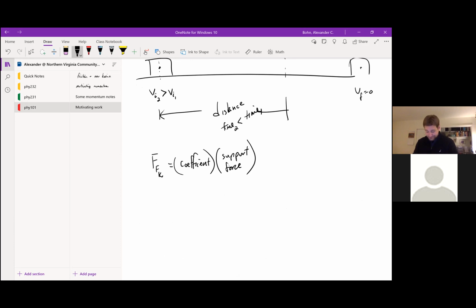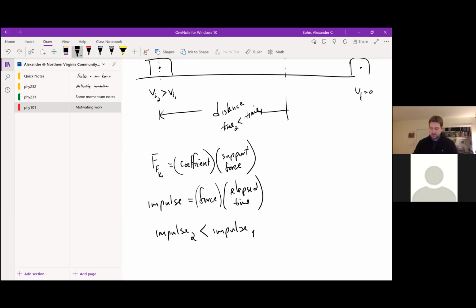So the impulse, force times elapsed time, is less for the second trial. Same force, but less time because we're going faster.